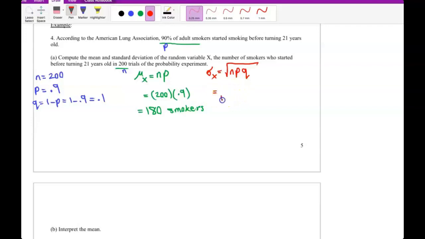Okay, so this is equal to n is 200, p is 90% and q is 10%. So that is equal to square root of 18. Use calculator. Running it is 4.2.